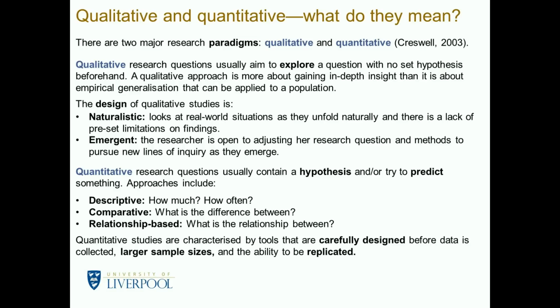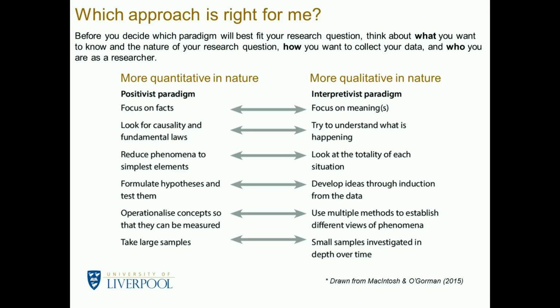Now, simply spoken, then, we could say that quantitative is something that is measurable. And what I find really useful is this paradigm distinction, which is drawn from McIntosh and O'Gorman 2015, just to kind of give the top tips or top ways in which we can analyze these two paradigms. But throughout your research, you may think, well, which paradigm is appropriate for your research area?